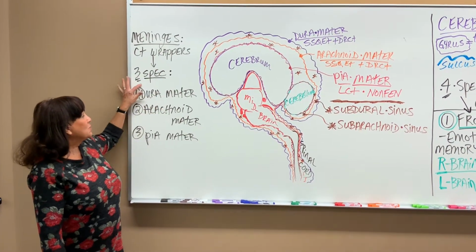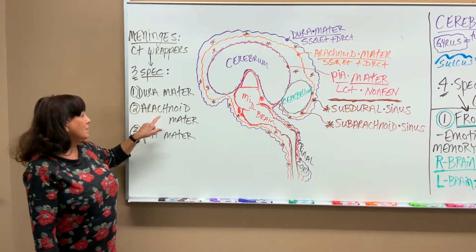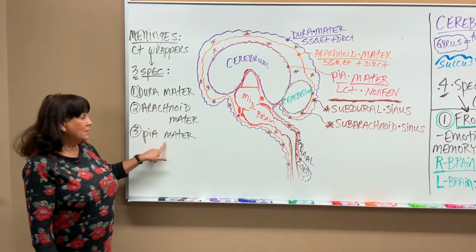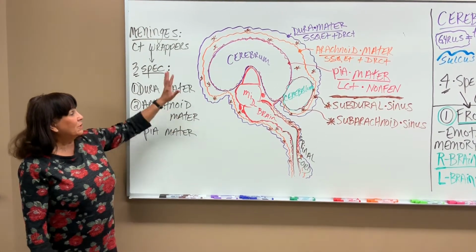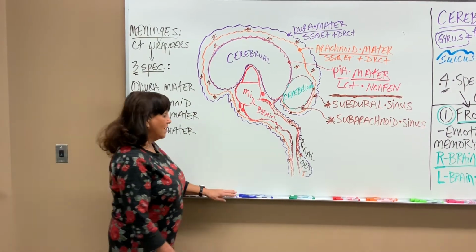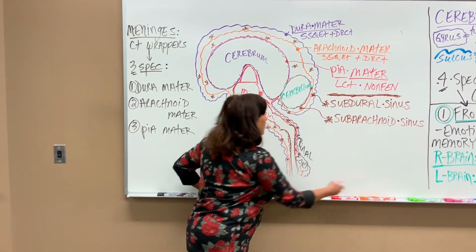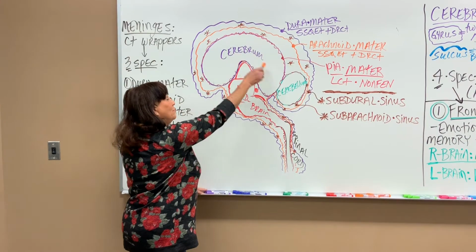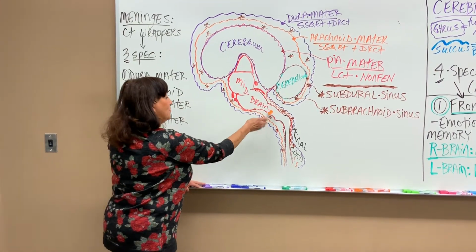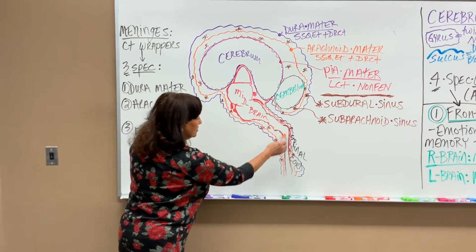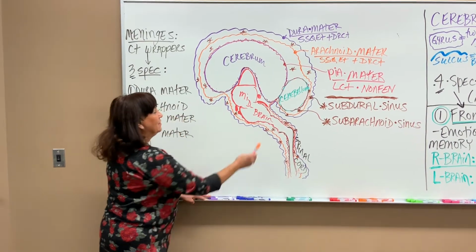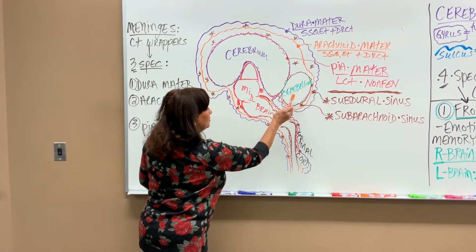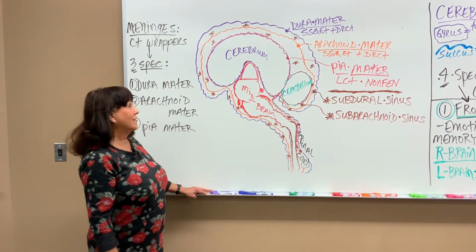And so there are 3 specific ones: the dura mater, the arachnoid mater, and the pia mater, okay? And so here they are, and so we have the cerebrum right here. We got the cerebrum, the forebrain. I put everything in red for the midbrain, and then here's the spinal cord, and then here is the cerebellum, which is called the hindbrain, all right?